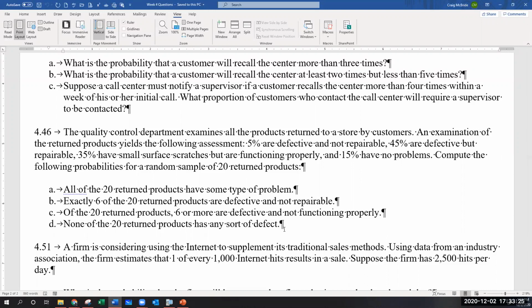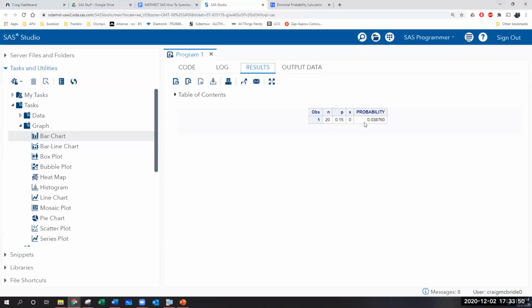And that is, okay, well, if it has no defect, then the probability of a success is only 15%, because only 15% of them are completely 100% bereft of defects, right? Including scratches and that kind of silly stuff. And if we all agree on that, then this becomes our only possible answer.